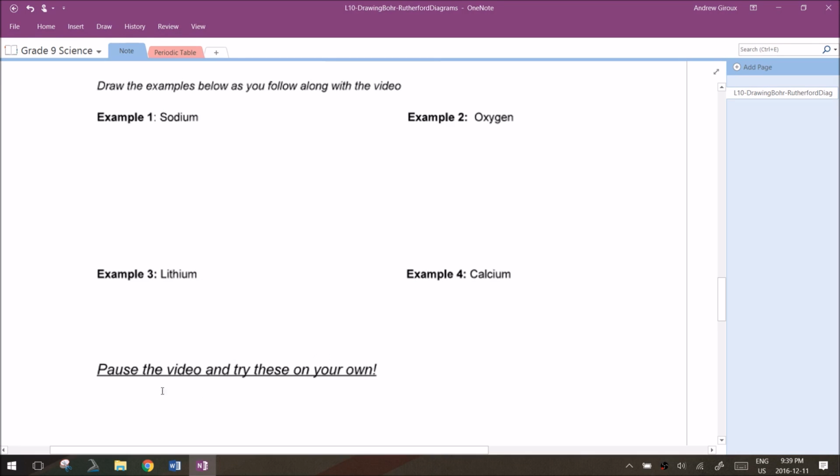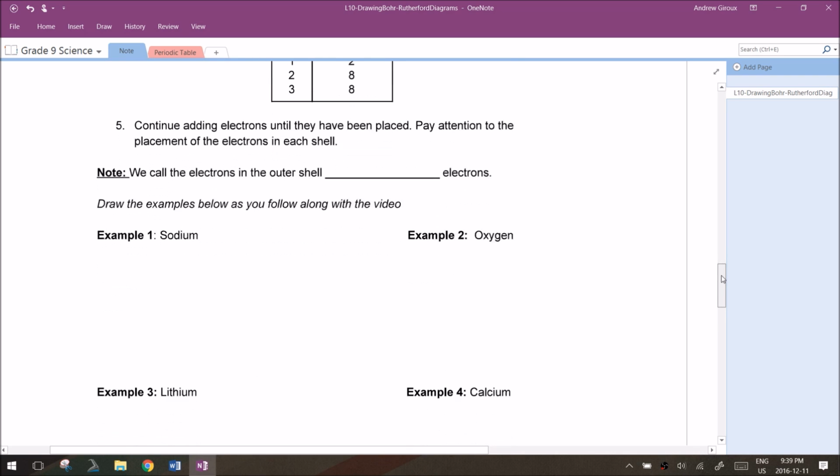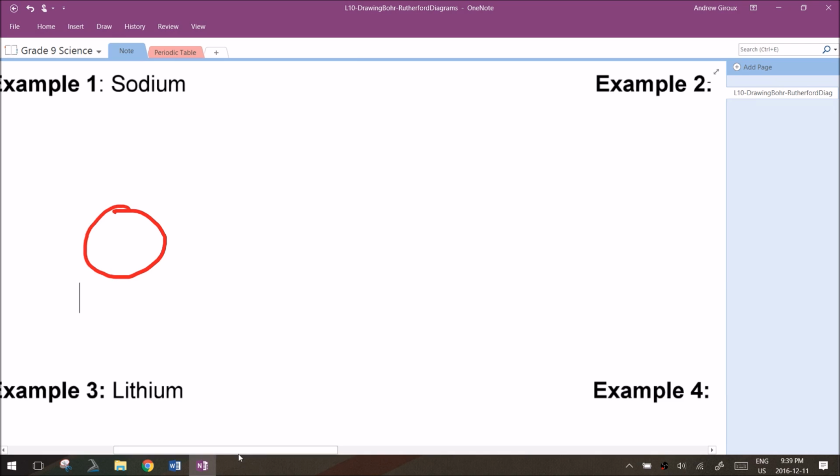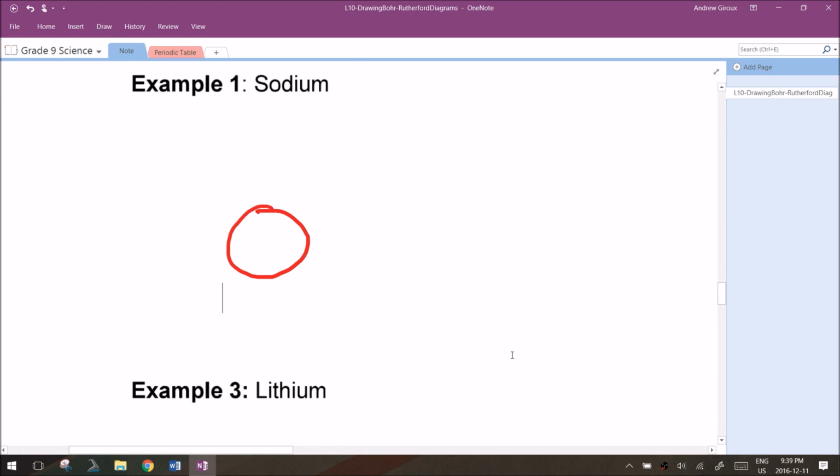So let's start drawing the Bohr-Rutherford diagram. The first step is to actually draw a nucleus in the middle. And inside that nucleus, what we need to do is put the protons and the neutrons, right? So inside the nucleus, that's where protons and neutrons are. So that's the notation there for a proton and a neutron. P plus is for proton and 0 is for neutron.